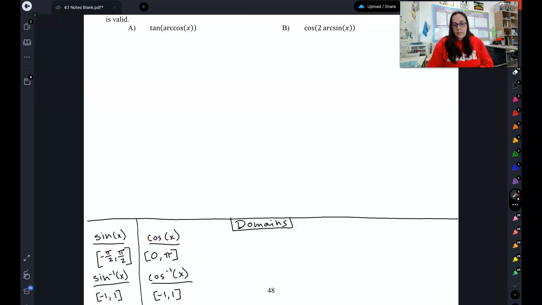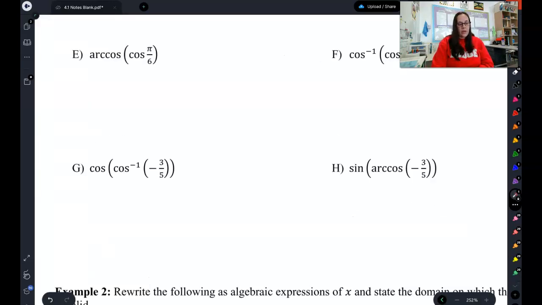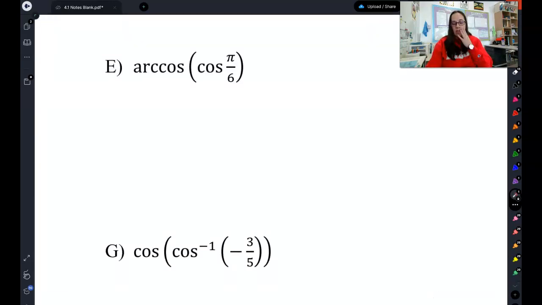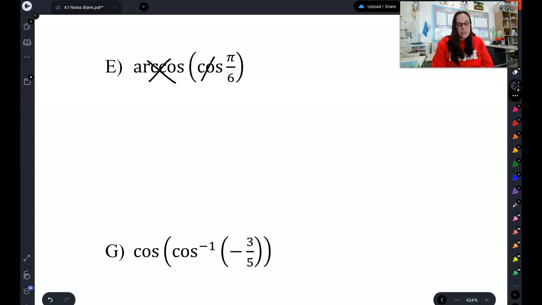Now, let's talk about why these domains are important, why I had you list them. Let's start right here on E. So, when we're looking at these problems, the first thing you might think of is that arc cosine and cosine should cancel each other out because they're inverses, they're opposites.